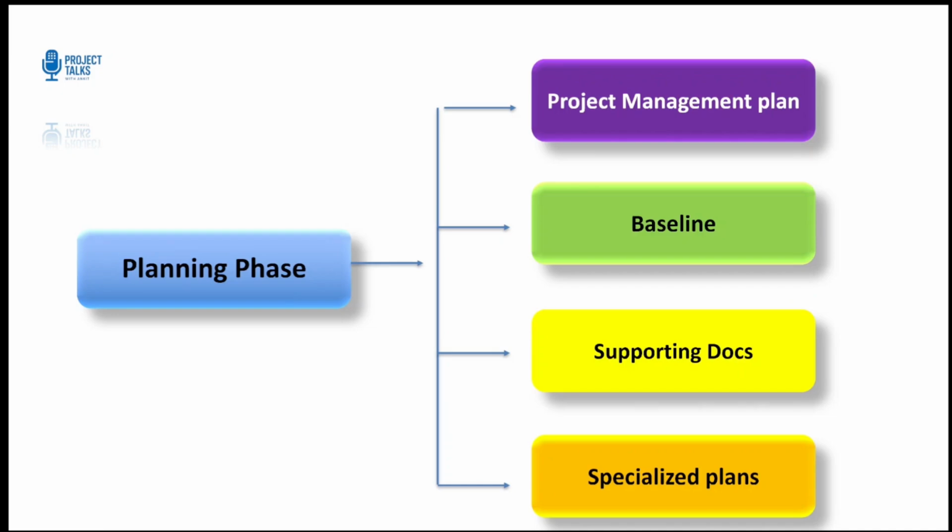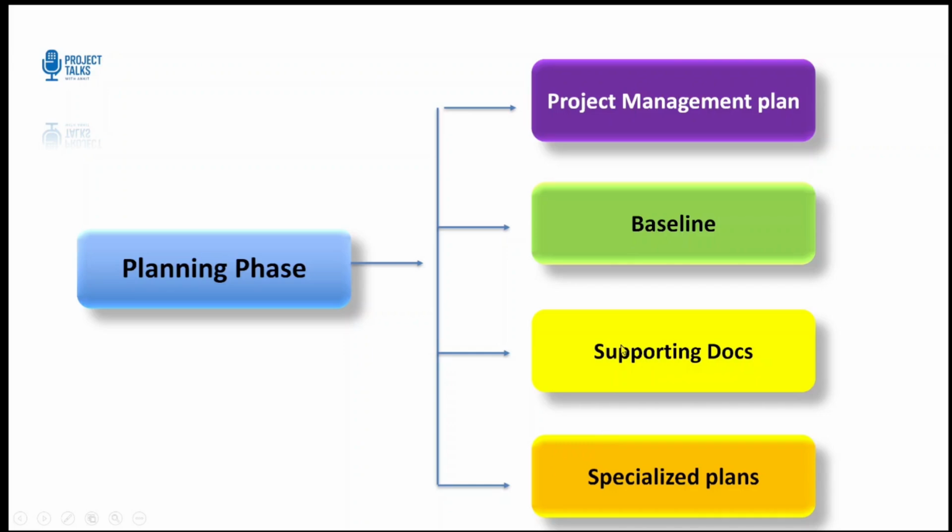In our previous video, we discussed the planning phase overview, the big picture that ties all planning processes together. To recap, planning process has four different parts: project management plan, baseline, supporting documents, and specialized plans.